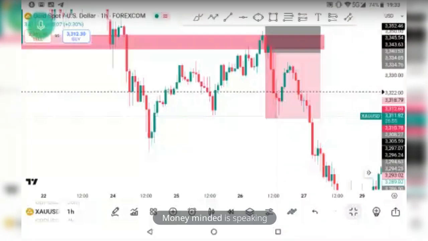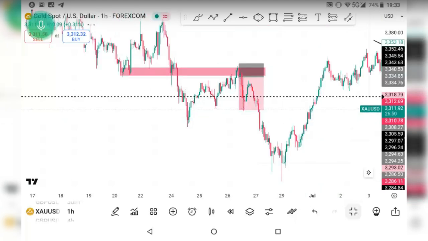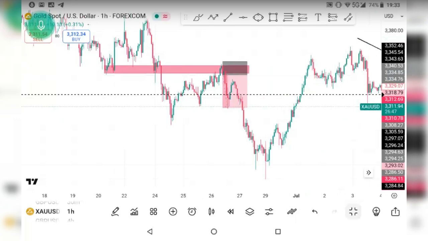So let's look for a bullish engulfing. Since we've actually seen two bearish engulfing, let's look for a bullish engulfing.